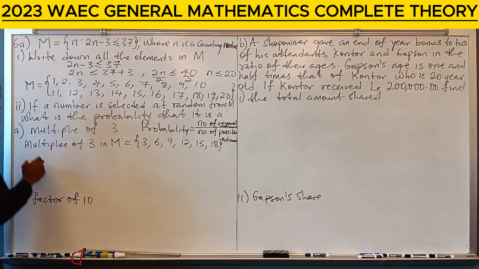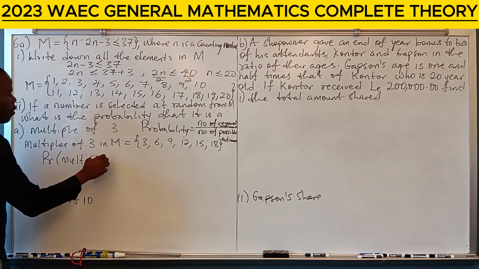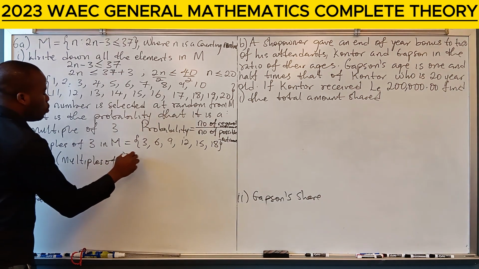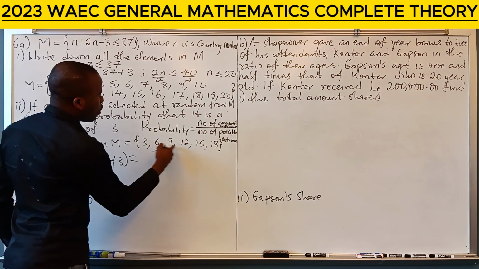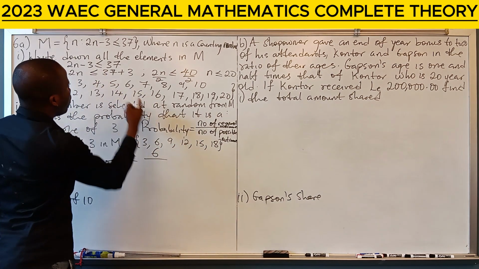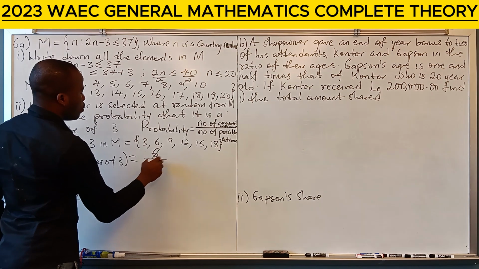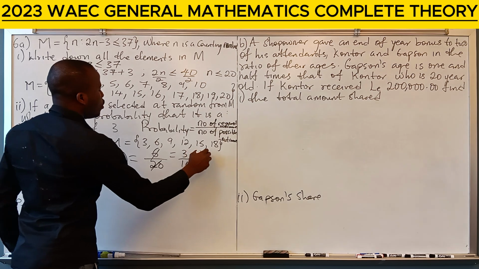That's all. So probability of multiple of 3 will be number of required outcome is 1, 2, 3, 4, 5, 6, and number of possible outcome are 20. And when we divide, this is 3 over 10, which is 0.3.